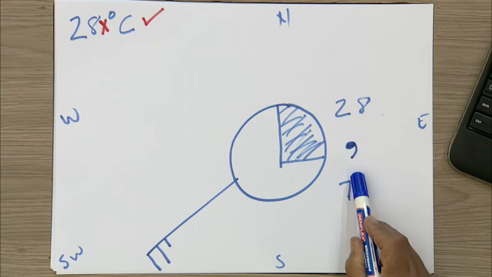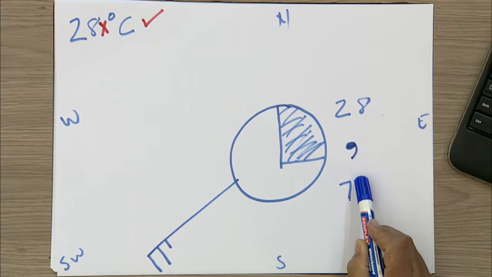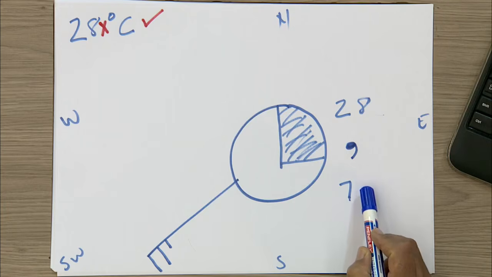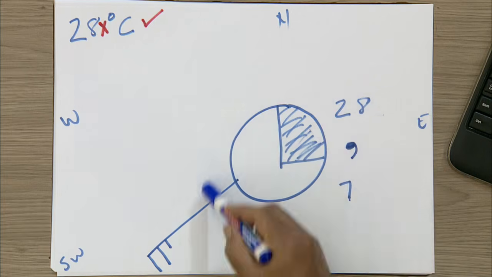In other words, if the air temperature drops to 7 degrees Celsius, then the water vapor in the air will condense to form little droplets of water. Clouds will form and it will probably rain. So the dew point temperature is the temperature at which condensation will occur in this air mass at this particular place.